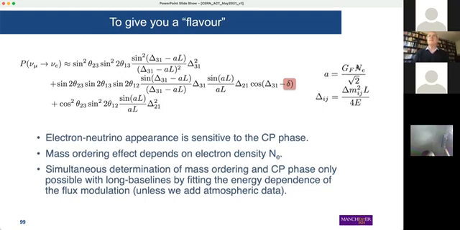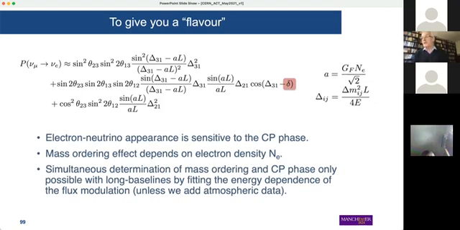So this is this MSW effect. And then it depends on the various oscillation frequencies. And by the way, it also depends on delta, which is the number we want to extract. The thing is that because all this depends simultaneously on delta and the mass ordering, and of course also on these other parameters, which in parts we have determined through other experiments, you want to extract the information simultaneously.